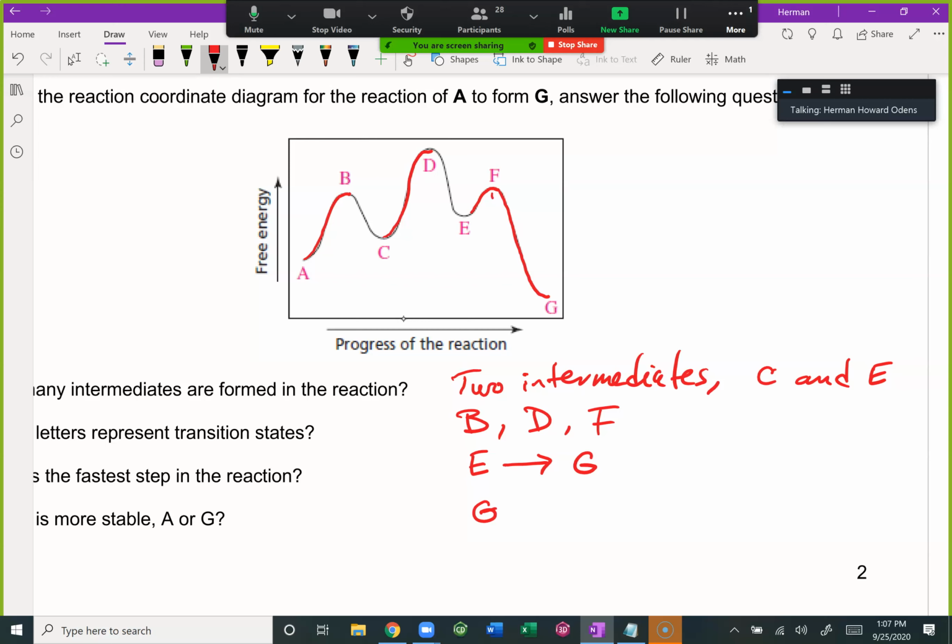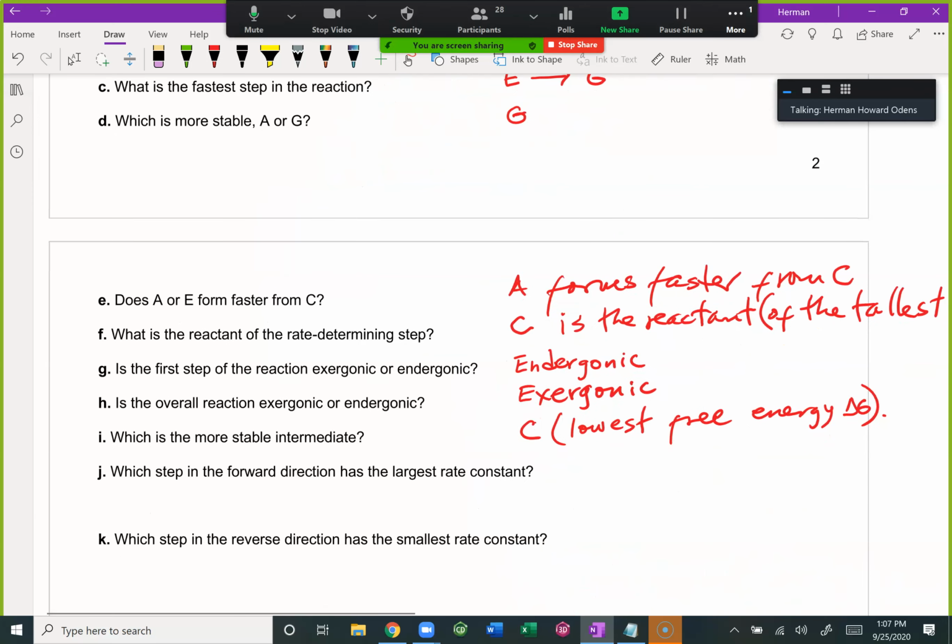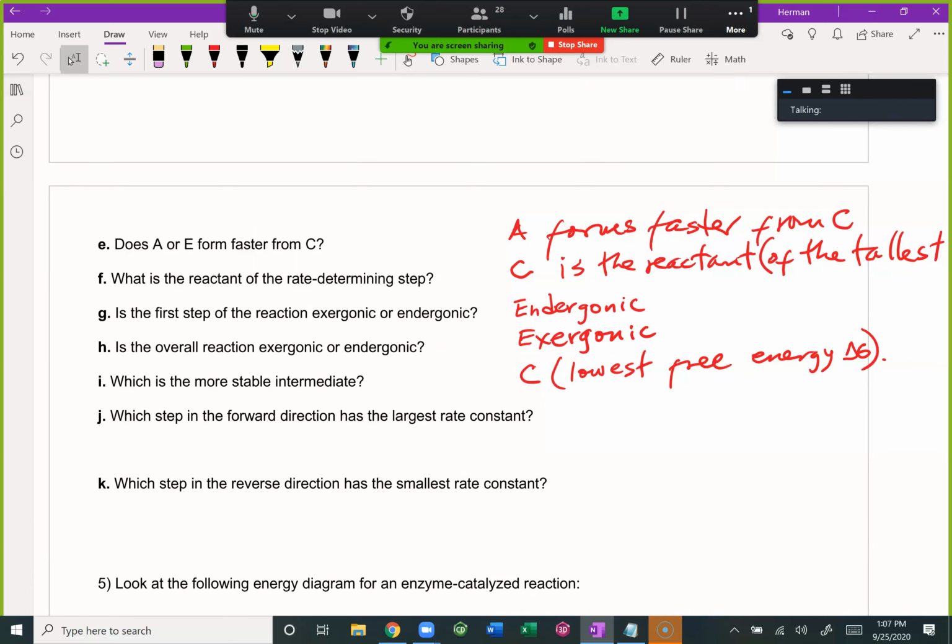But you're just overcoming this much in energy. All right? So the answer here is E to G has the smallest activation energy, therefore the fastest rate.